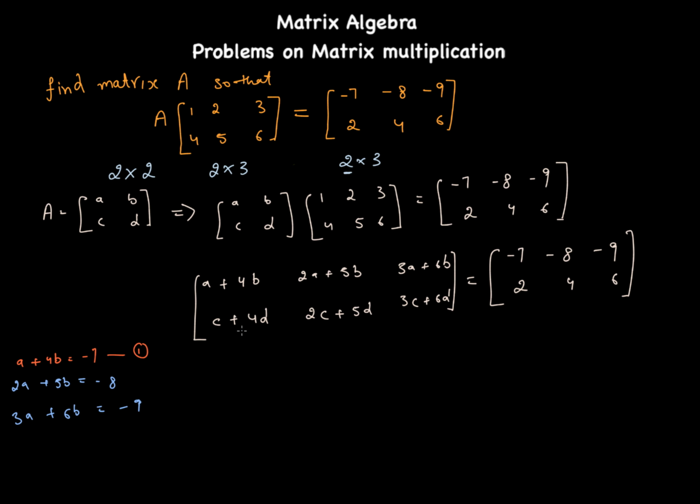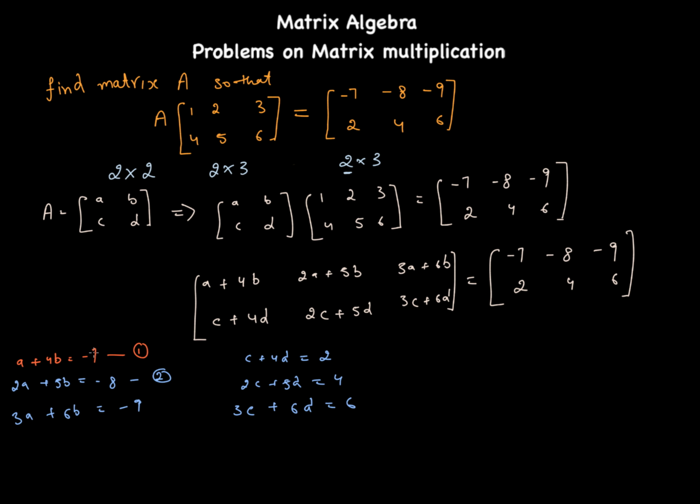Then we got c plus 4d is equal to 2. Then we got 2c plus 5d is equal to 4. And we got 3c plus 6d is equal to 6. So this is 1, let's say this is 2.